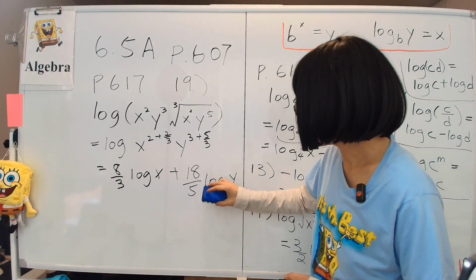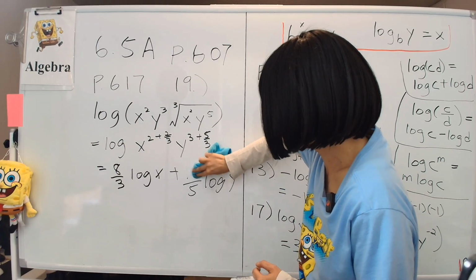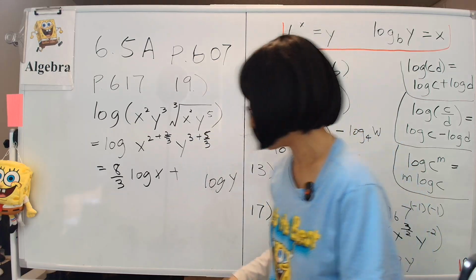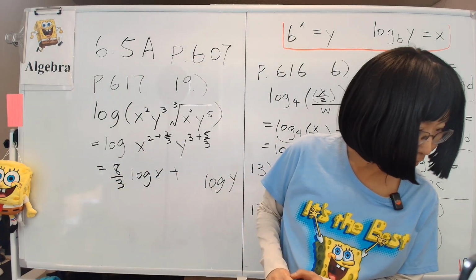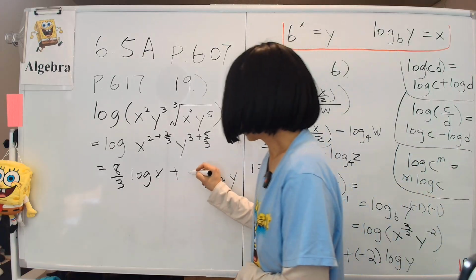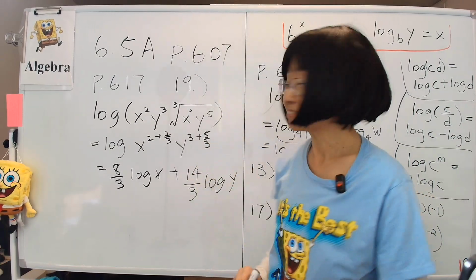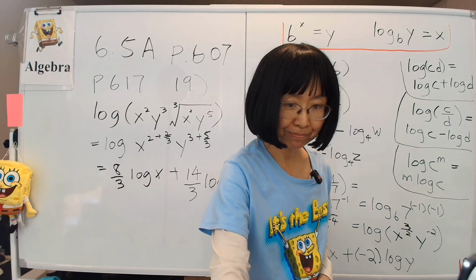Okay, so that changes things a bit. What's 3 times 3? 9. 9 plus 5 is 14, so that should be 14/3. Is that right? Yep, it is correct. Okay, 14/3. Now we got the right answer, and that is problem 19.